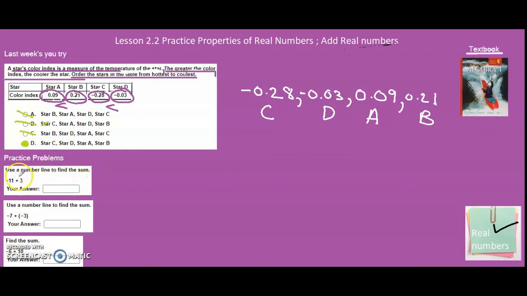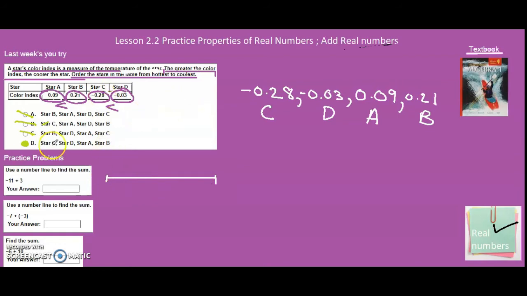Before we look at the numbers here, let me just draw a number line. Sorry about that. So here's a number line with endpoints.